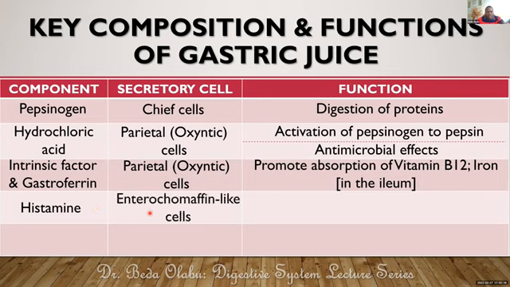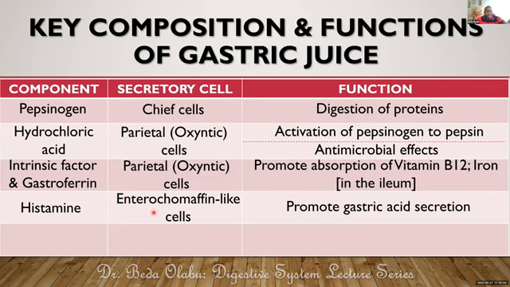Histamine is a component of this juice. Histamine comes from the enterochromaffin-like cells. The role of histamine in the stomach is not exactly similar to the role of histamine in most parts of the body. We know histamine to be promoting allergic reactions in very many parts of the body. That is based on the type of histamine receptors that histamine usually binds to in those parts of the body. We call those receptors H1 receptors.